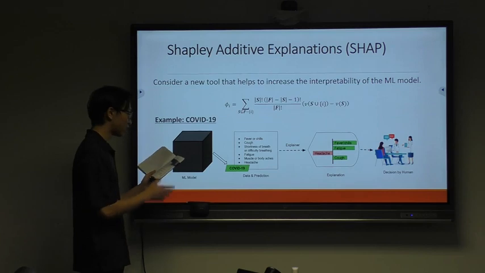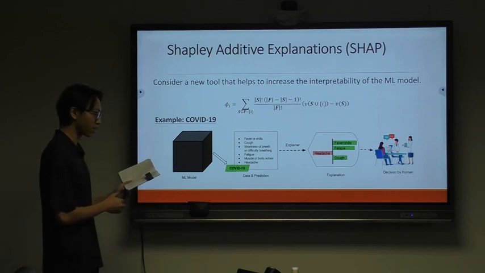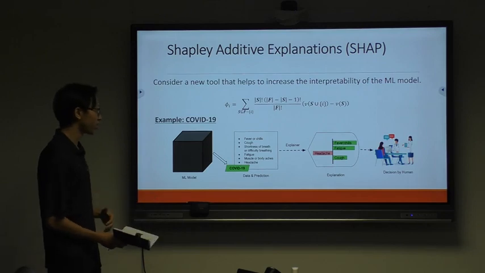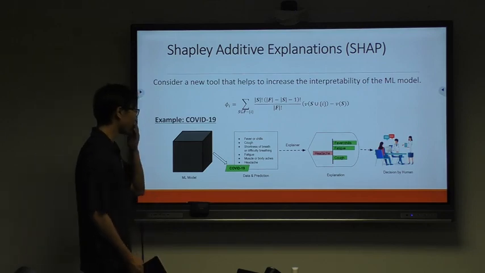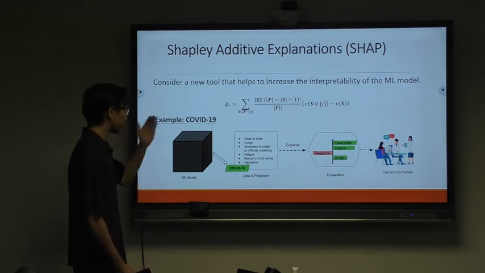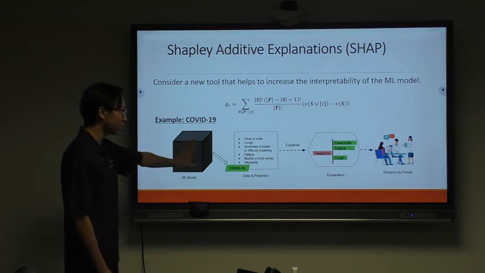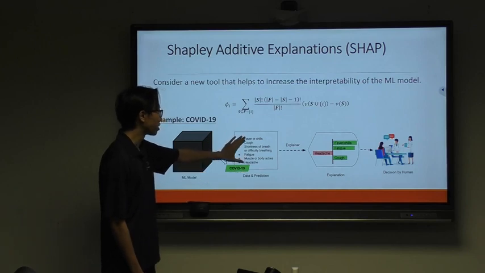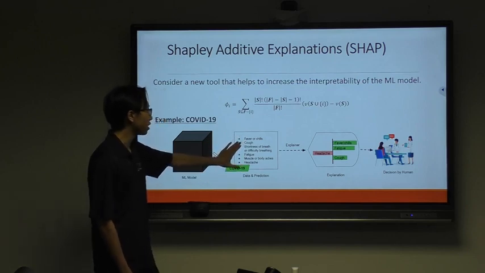SHAP is a popular technique that provides a consistent approach to explaining model output. I have an example here about COVID-19. Since the machine learning model is a black box, we take the COVID-19 data with all the symptoms as features to explain it.